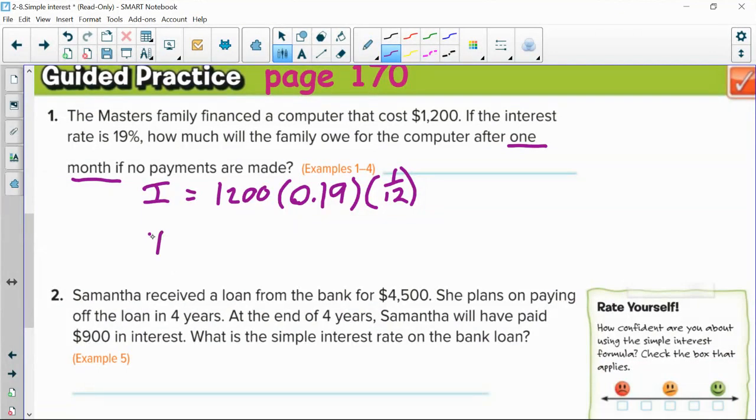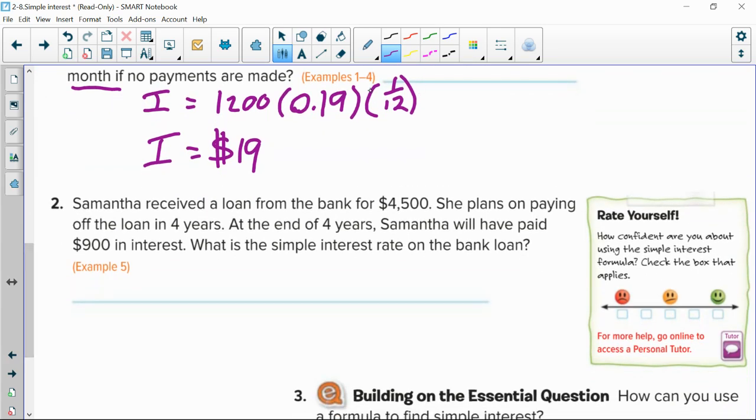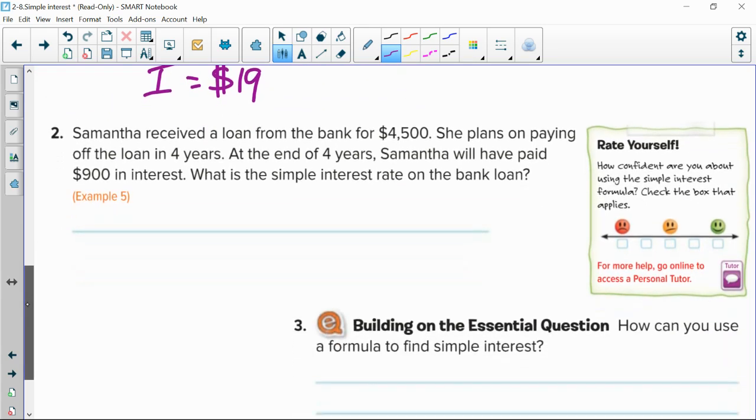All right, so our interest for that one is $19. If you didn't get that, see if you have the rate set up the same as mine. And you can literally put it in the calculator like that.